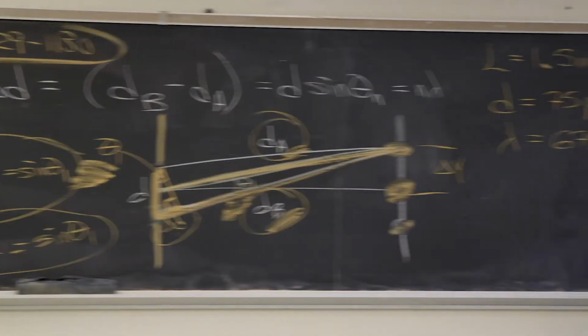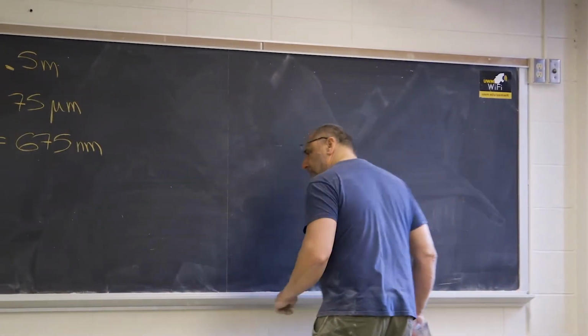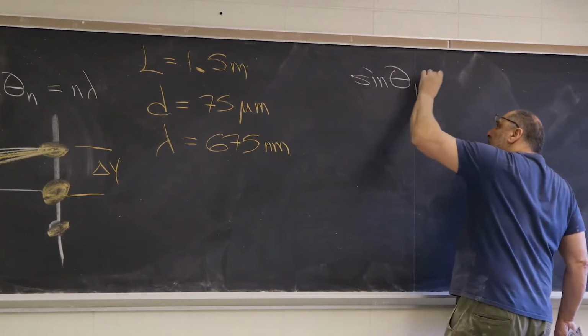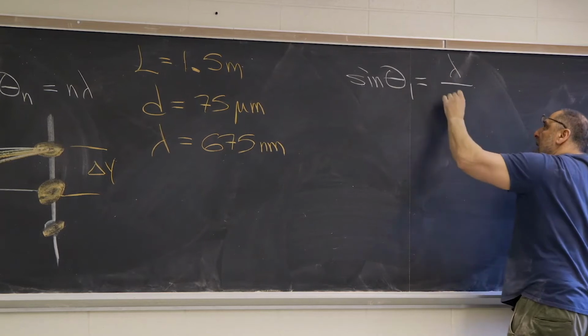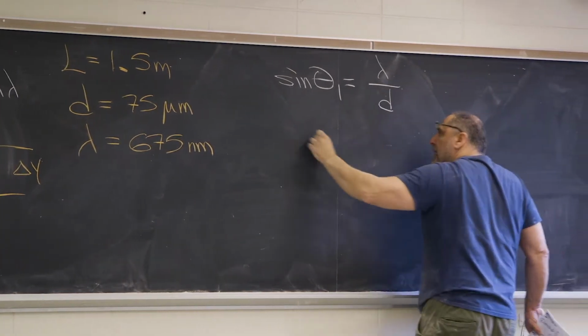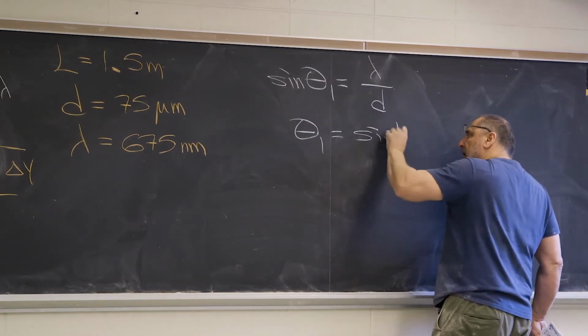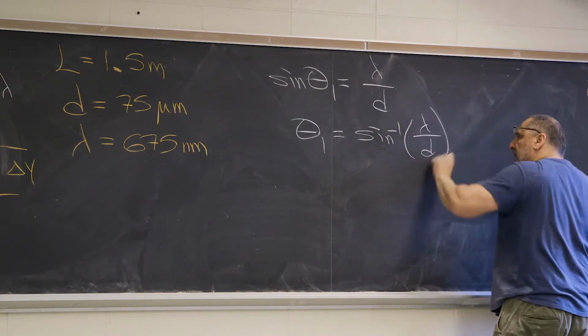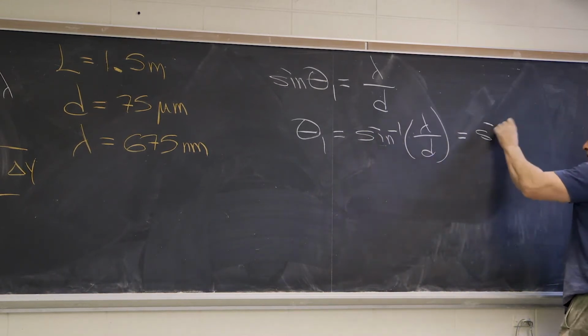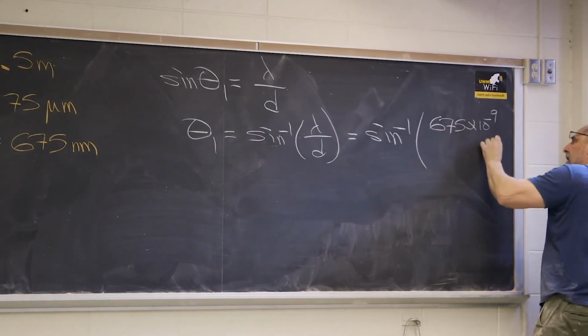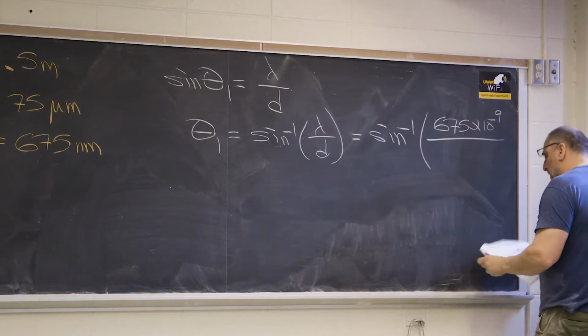Then you can basically say that sine theta 1 is lambda over D. Theta 1 is the inverse sine of lambda over D, which is the inverse sine of 675 nanometers divided by D, which is 75 micrometers.